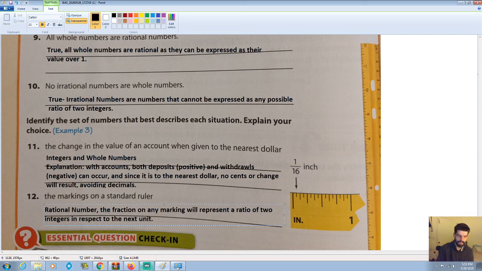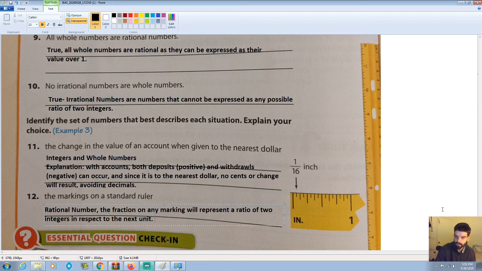So what I mean by that is, if we had 1/16 of an inch, that's going to be 15/16 units away from the next nearest whole unit. So because of that, we can represent these as a rational number being a ratio of two integers.